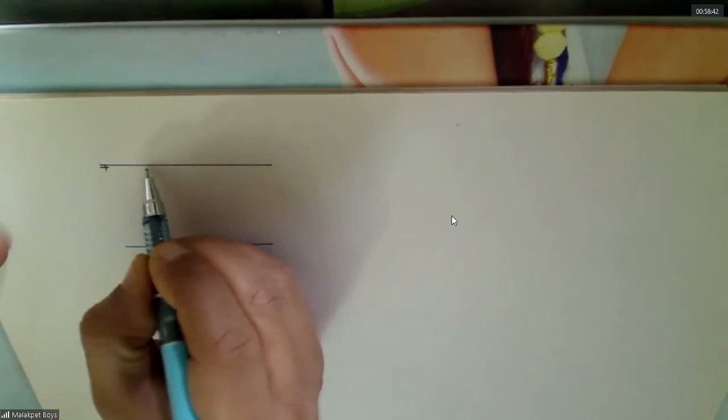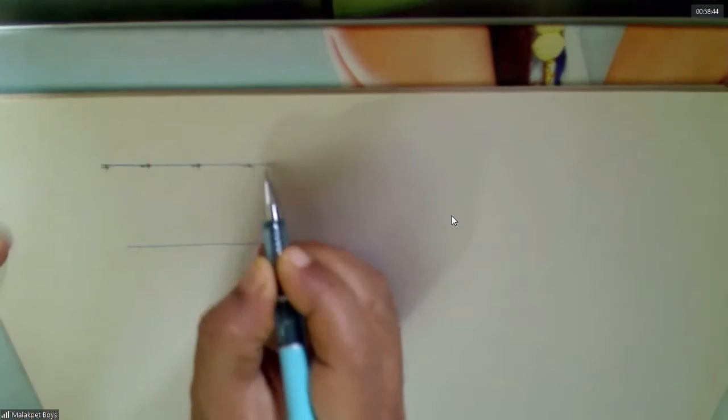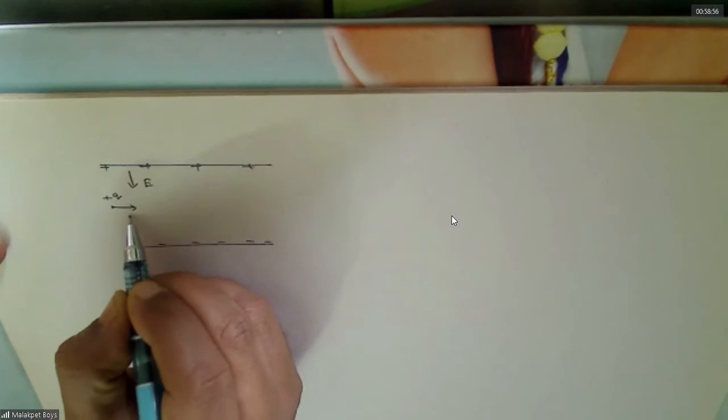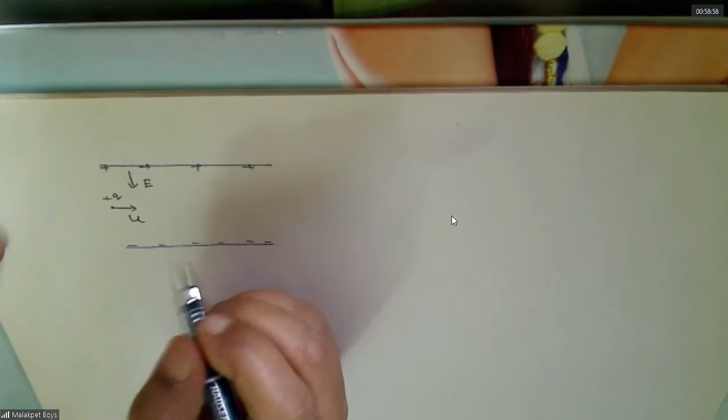So now suppose you are having a situation that you are having two plates like this. Now this is the positive plate, the negative plate. You know that the electric field is directed like this. Now here a positive charge is shot with a velocity u.